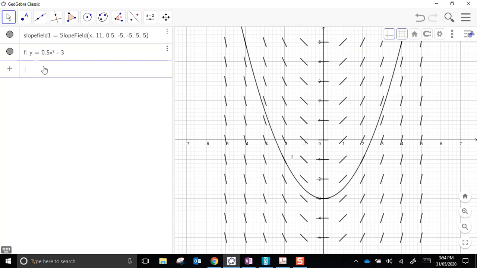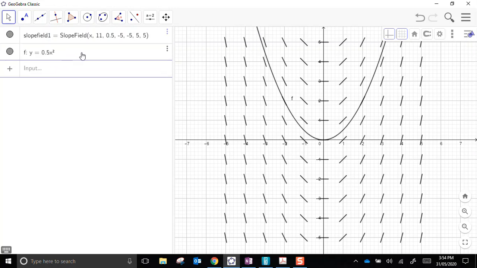If I just go back and define that function as 0.5 x squared, then I could have an entire family of solutions here. I could have f minus 1. Maybe I had to go y minus 1. No, I didn't like that either.